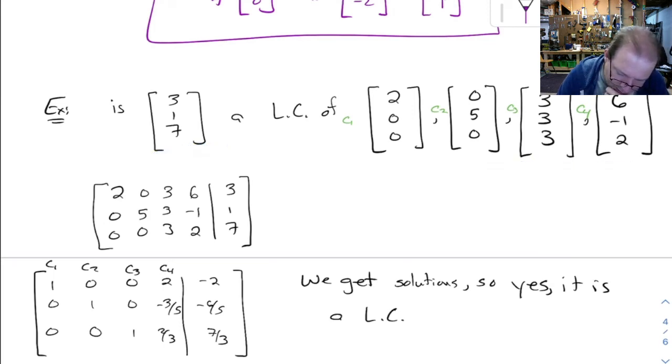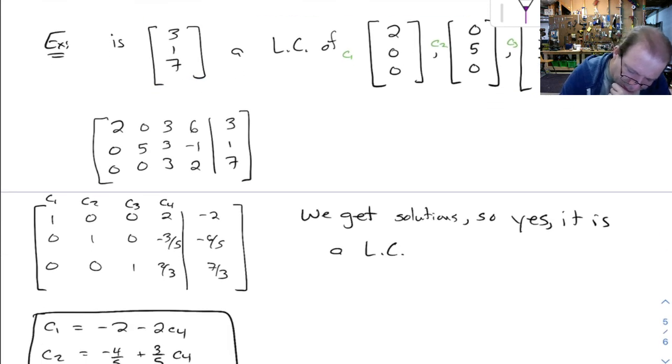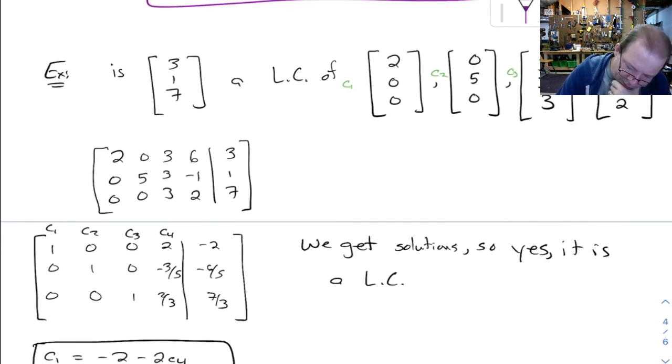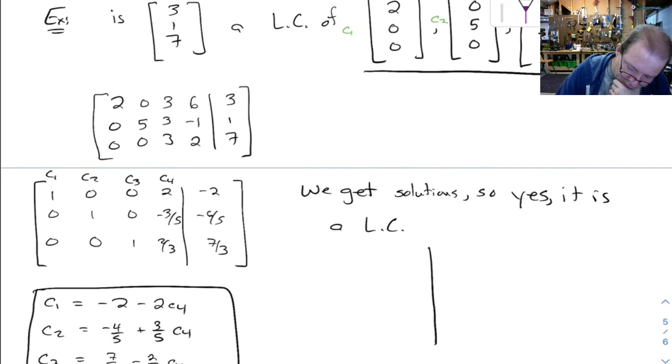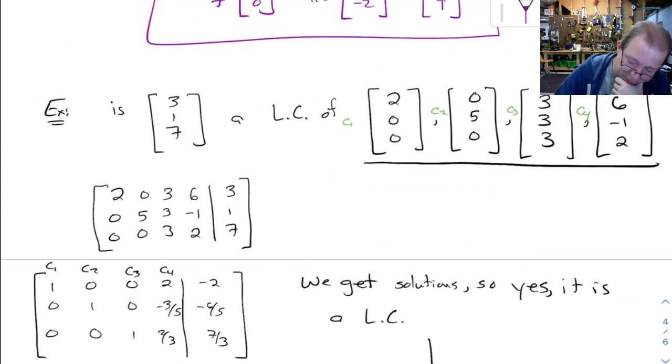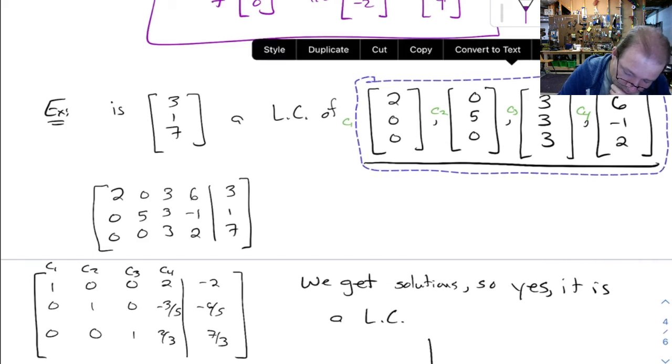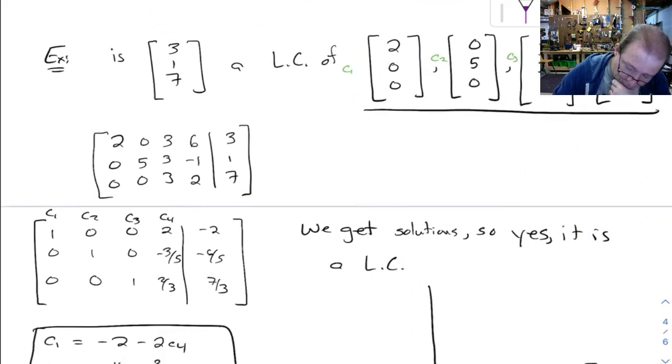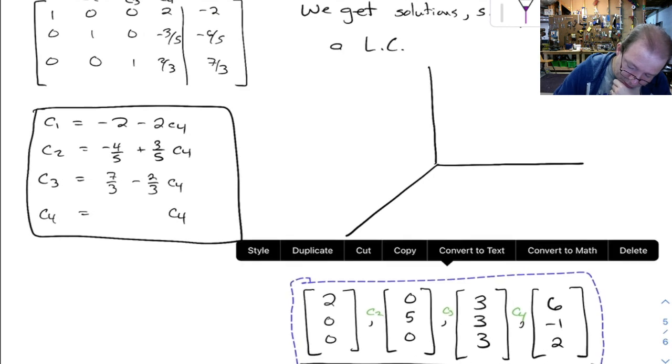Now, I want to think about this geometrically for a minute. I want to draw these 4 vectors in here. So let's see, x, y, and z. And I'm going to copy this and bring it down so I can draw these in.